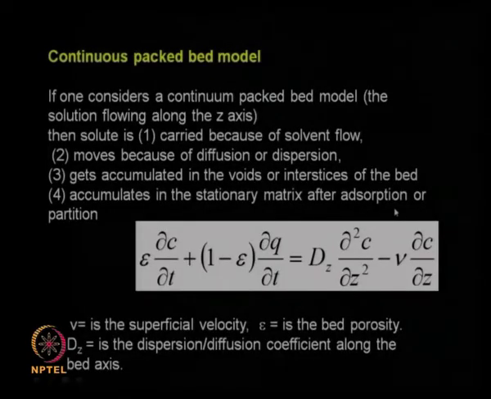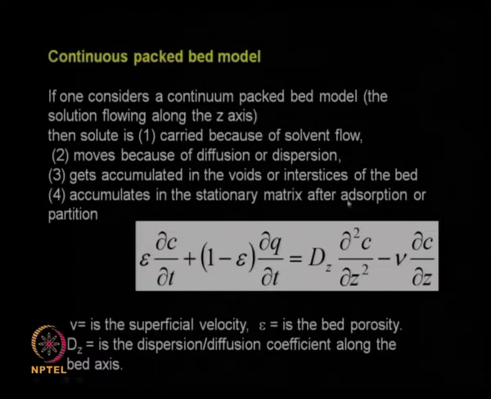And then this solute is going to get accumulated in the voids of the interstices of the bed. That means the voids of the interstices of the bed is going to contain your continuous phase solvent. So solute is going to be present there, and you are also going to have a solute accumulated or adsorbed onto the stationary phase, that is the solid material. So you have two accumulations, okay.